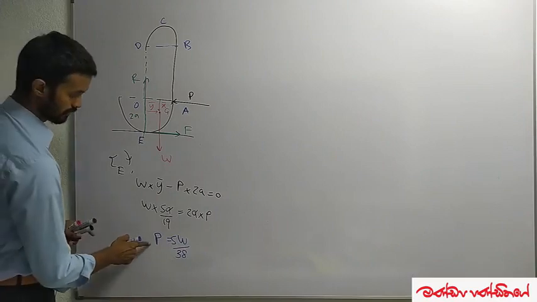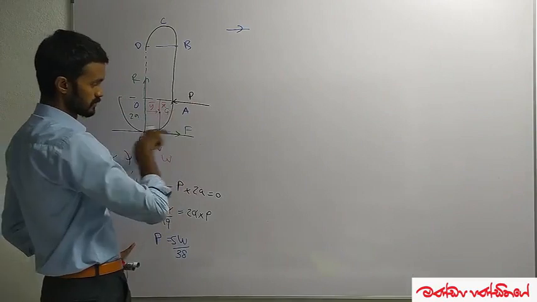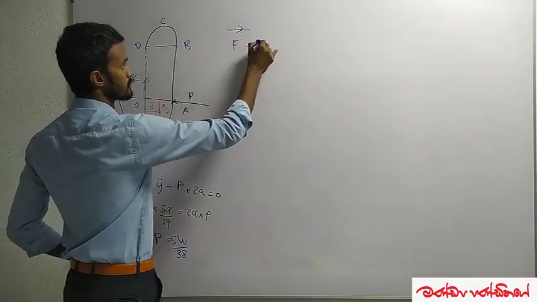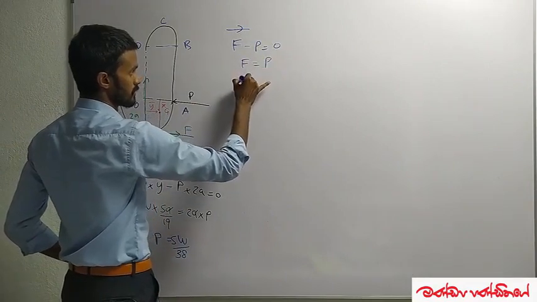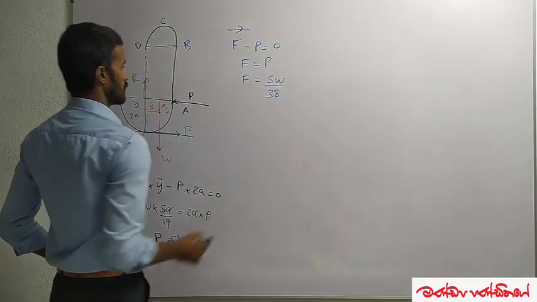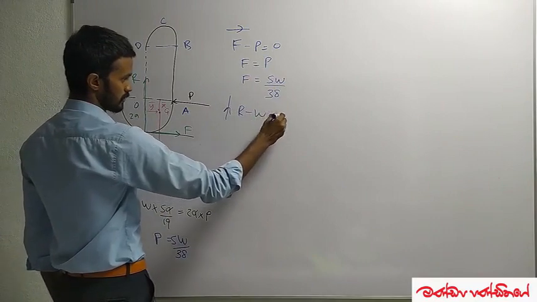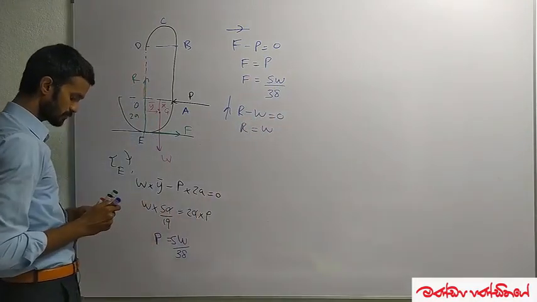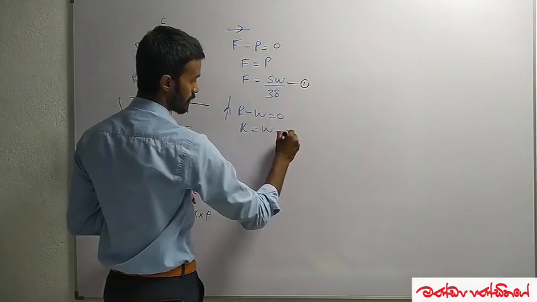I got P, and considering the horizontal forces, F to this side and P to this side, F minus P is equal to 0 because the system is at equilibrium. So F equals P, and I got F as 5W over 38. When we consider the vertical forces, we get R minus W equal to 0, which means R equals W.